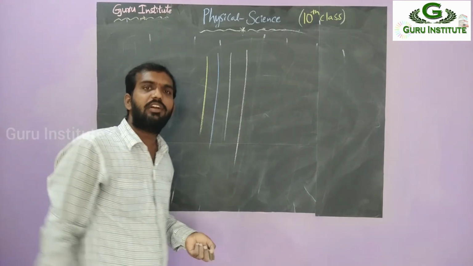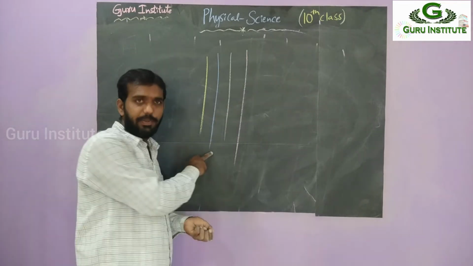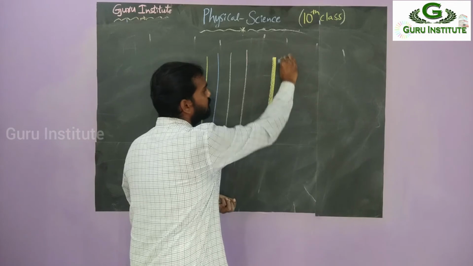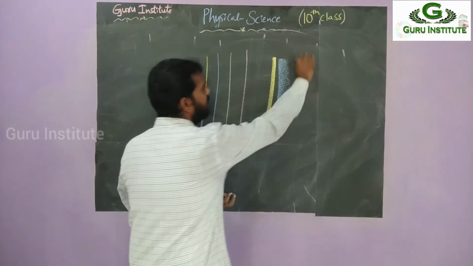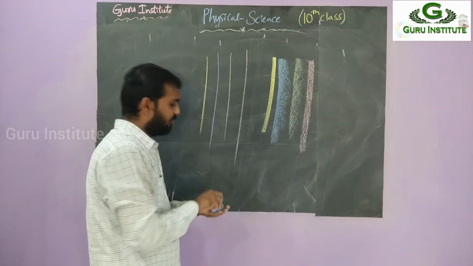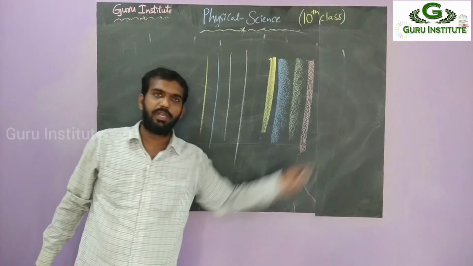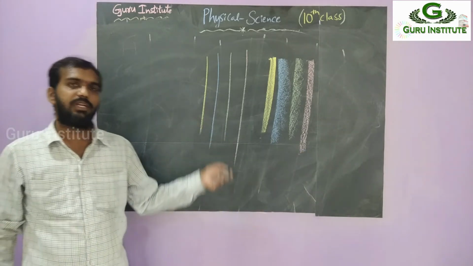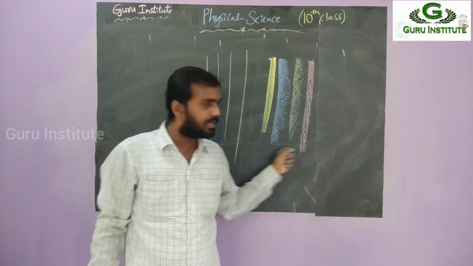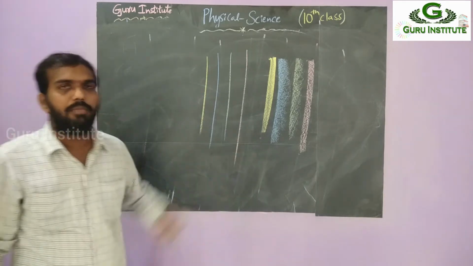Suppose a substance or compound emits not like lines but like bands, then this is called a band spectrum. If they emit like a line, that is a line spectrum. Most atoms emit like lines. A group of atoms or substances emit like a band, and this is called a band spectrum. That is the electromagnetic spectrum, line spectrum and band spectrum.